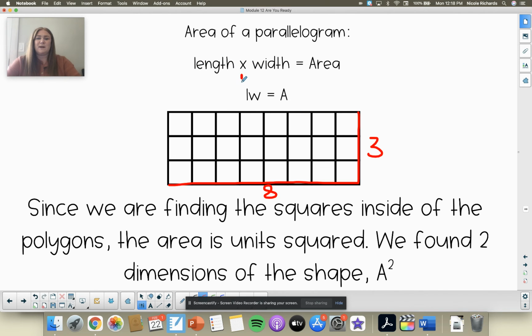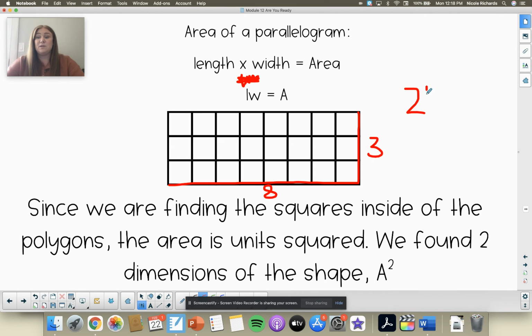We don't want to write L x W, because x is not a variable. So instead we just write LW. When those variables are together, that means to multiply. So length times width, 8 times 3 equals the area of 24.